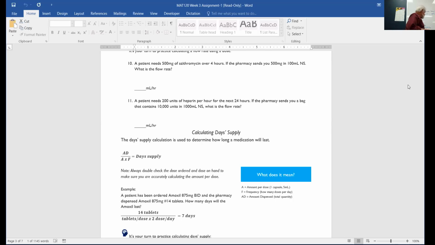Okay. So when dosing by weight, we have to multiply the dose by the kilogram weight of the patient.